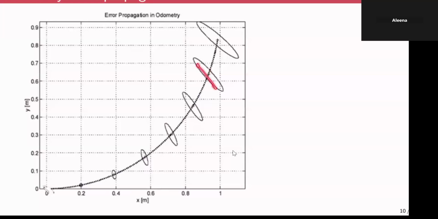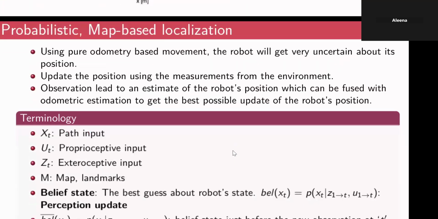But perpendicular to the path, the uncertainty is pretty high. The reason is that parallel to the path, you have a lot of measurements and a lot of inputs, but perpendicular to the path, you don't have much measurement and insight. So that's why the uncertainty is growing very fast in the direction perpendicular to the path.